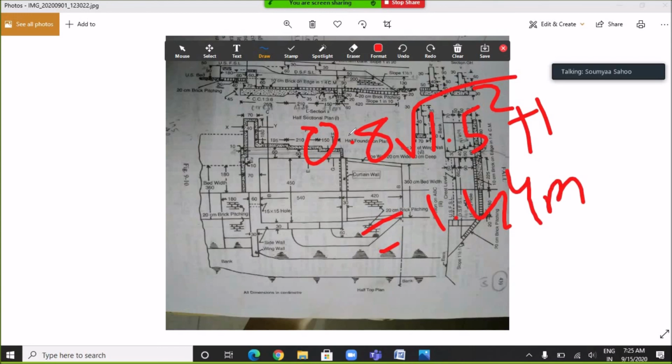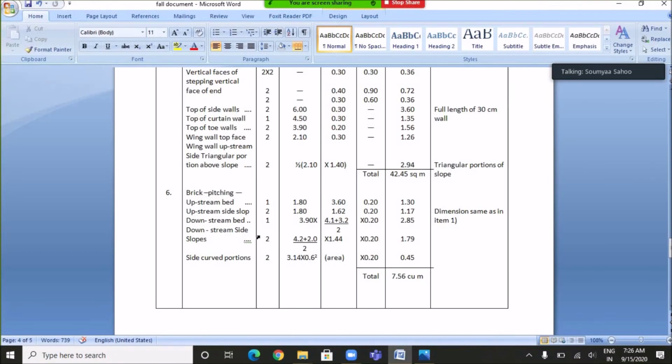And the brick pitching is done for a depth of 20 centimeter or 0.2 meter. And the number will be 2. The quantity is calculated as 1.79 cubic meter.